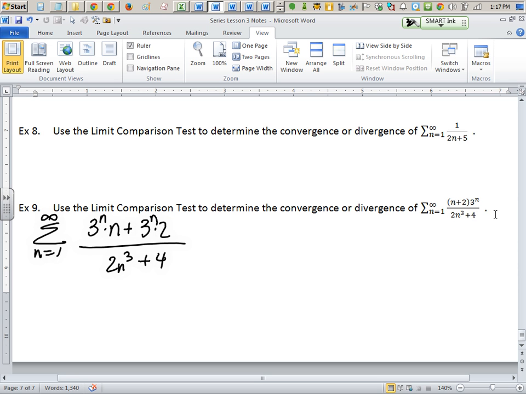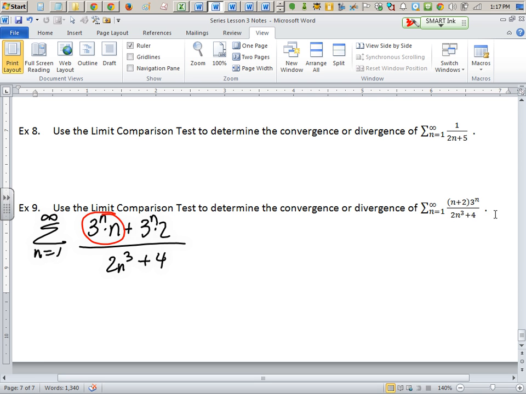I haven't chosen a B sub n yet, but it should be something that behaves the same way when n is large. How does this behave when n is large? Which terms are most influential? Give me one top and one bottom. You always do one top, one bottom. Which one's most influential on top, 3 to the n times n, or 3 to the n times 2? Which is more powerful?